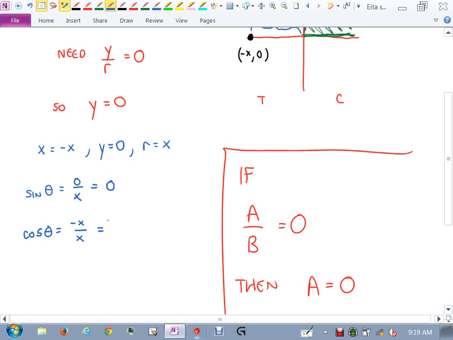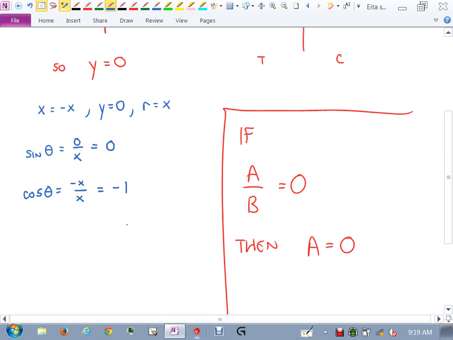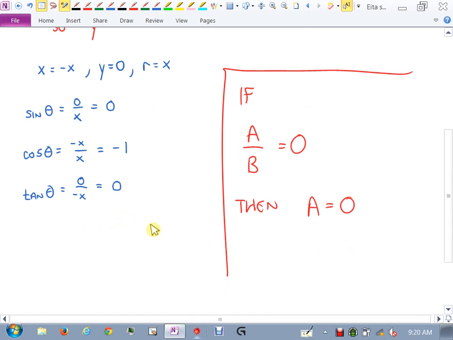What's negative x over x? Negative 1. What would tangent of theta be? It's y over x. So that's 0 over negative x. 0 divided by anything is 0.